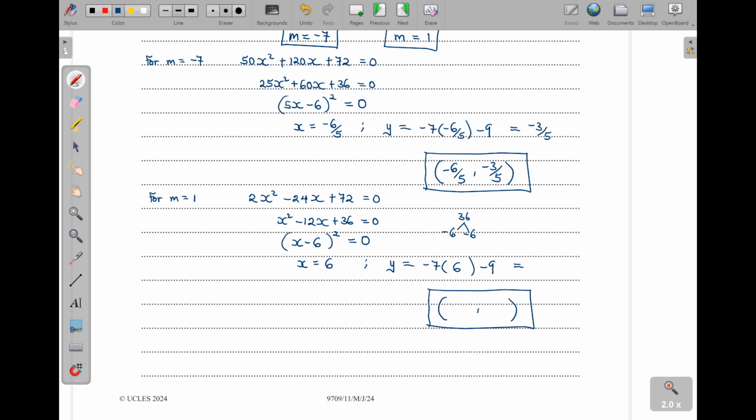But m here is not going to be negative 7. Okay, m is a 1. So you have 1 times 6, that is 6 minus 9. This one gives you negative 3. So that means the x-coordinate is 6. The y-coordinate here is negative 3. So that is that.